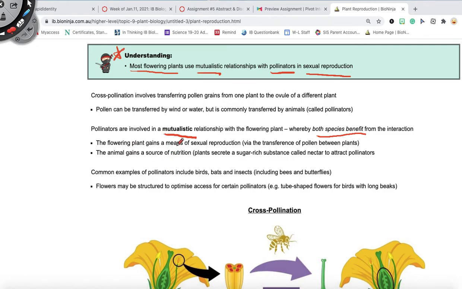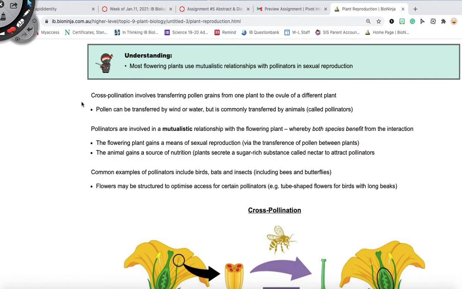So the flowering plant gains a means of sexual reproduction because the pollinator is going to disperse the pollen, and the animal gains a source of nutrition because the pollinator is going to take advantage and eat the nectar of that plant, which is a sugar-rich substance.